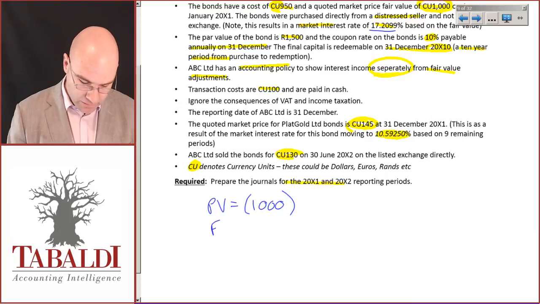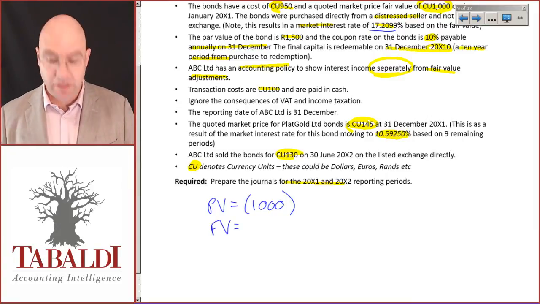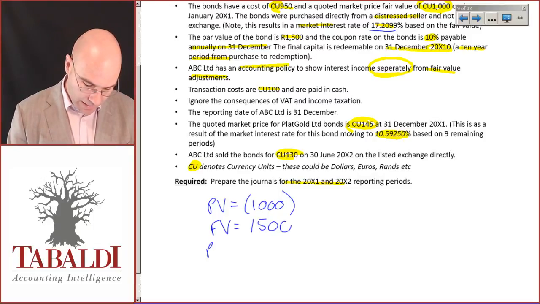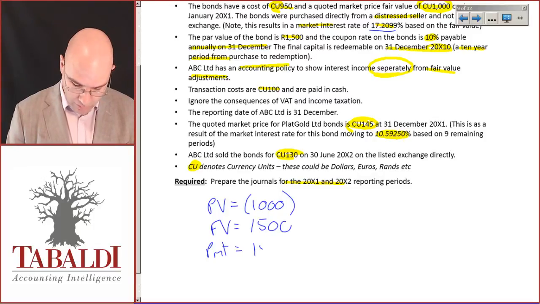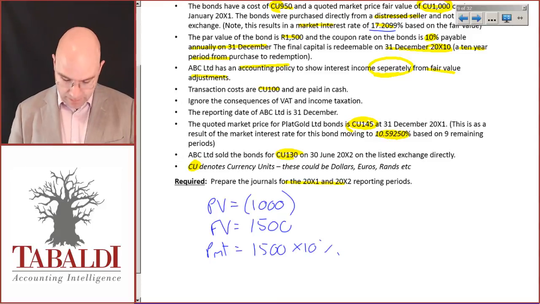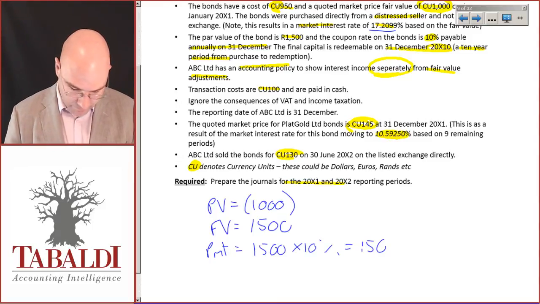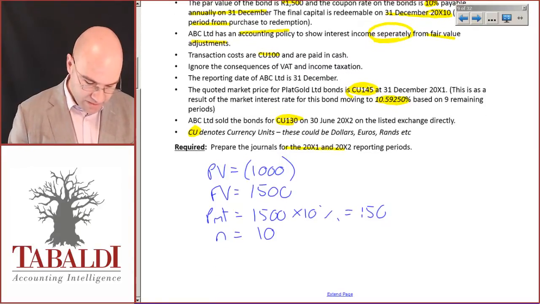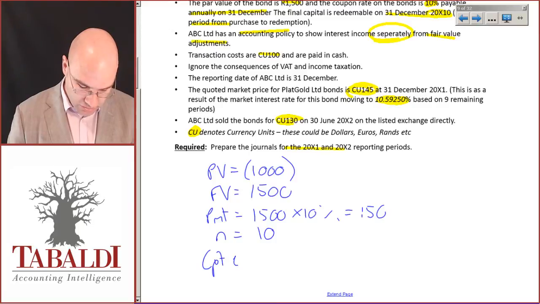We have a future value, the par, and we're assuming it's going to be redeemed at par of 1,500. The payments are equal to 1,500 times 10%, which gives me 150. And N is equal to 10 years. Now I want us to compute the interest rate.